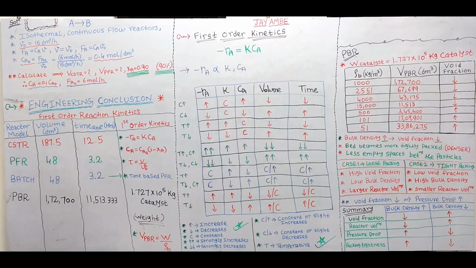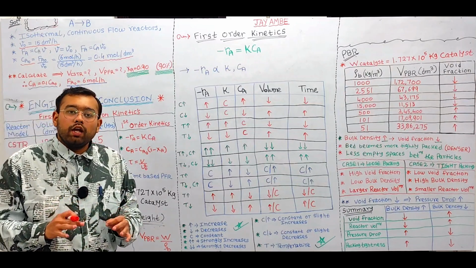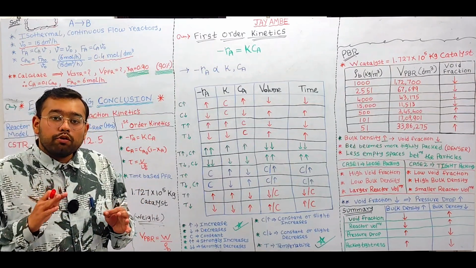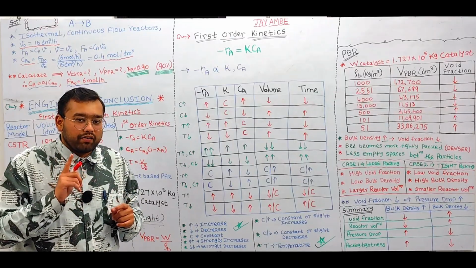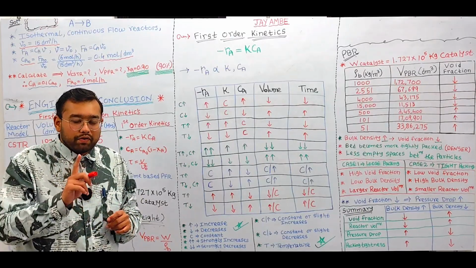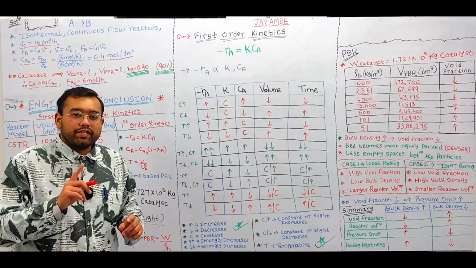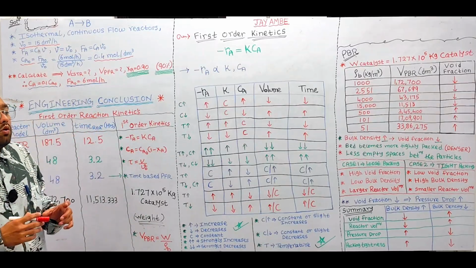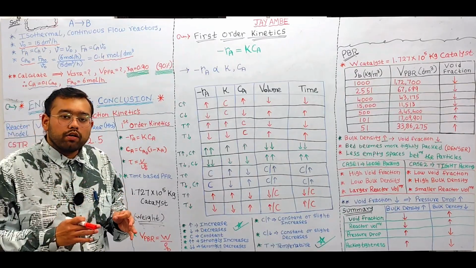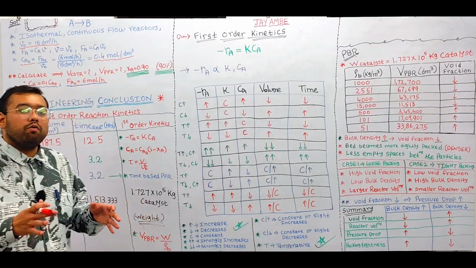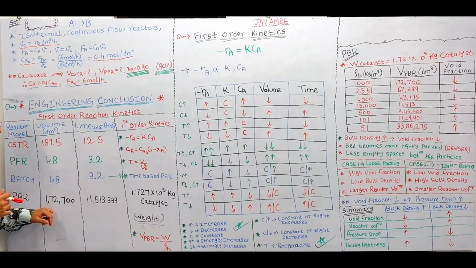In the previous lecture, lecture number 16, I made you understand the actual method to calculate and design the volume of the packed bed reactor. If you want to recall, I request you to please watch the previous lecture, lecture number 16.